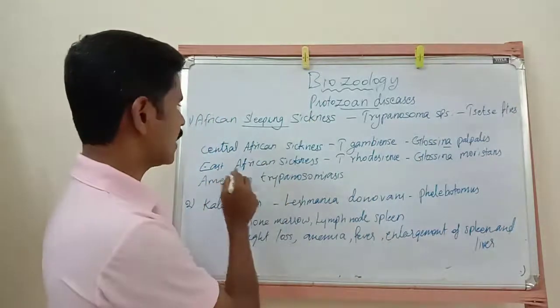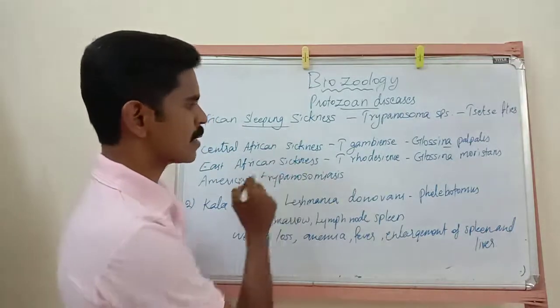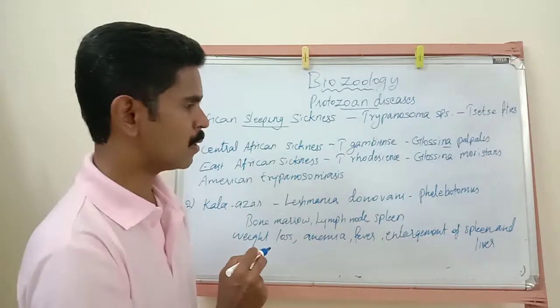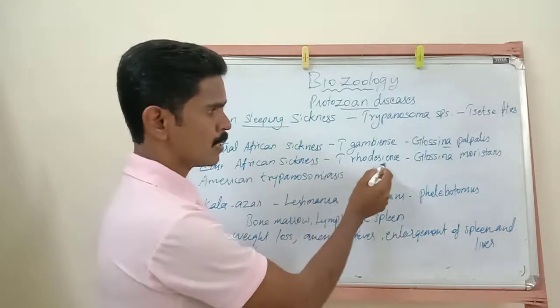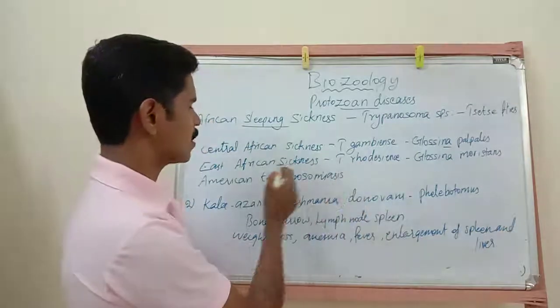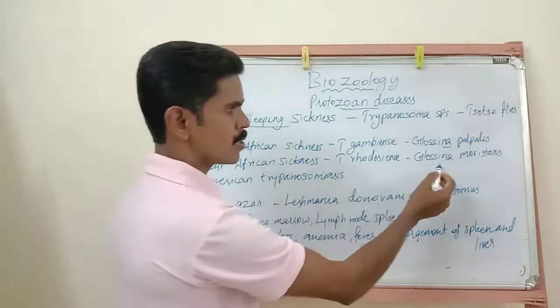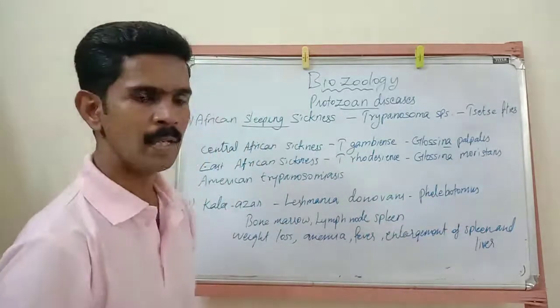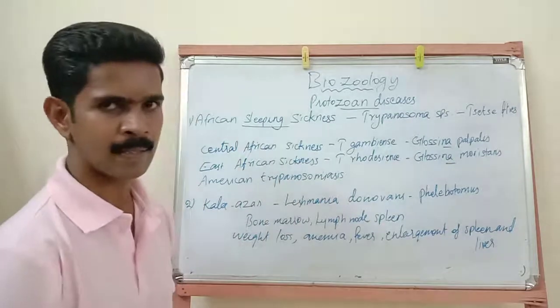Then the second one is East African sickness. This East African sleeping sickness is caused by a protozoan species. The name of that species is Trypanosoma rhodesiense. This is the causative organism of East African sleeping sickness. Then the vector is Glossina morsitans, and this vector spreads East African sleeping sickness.